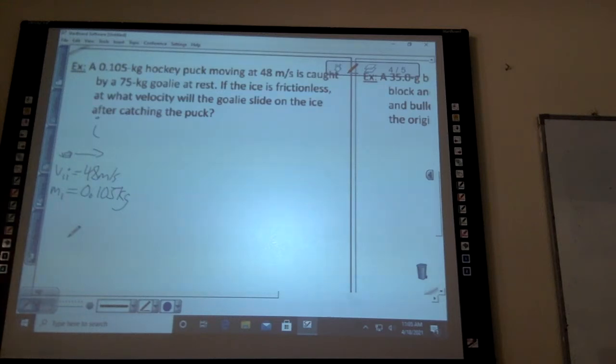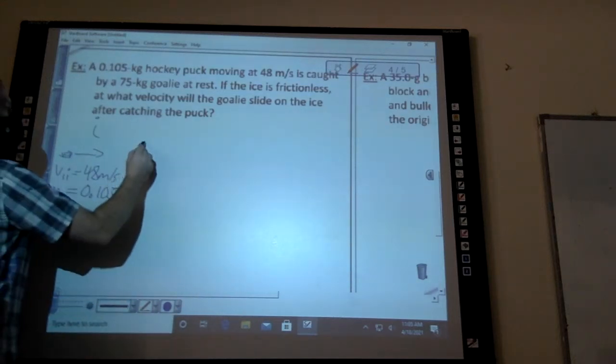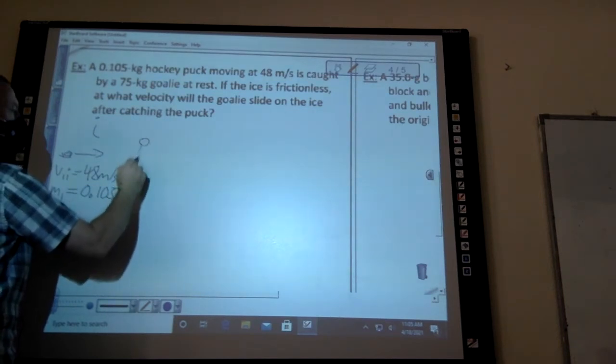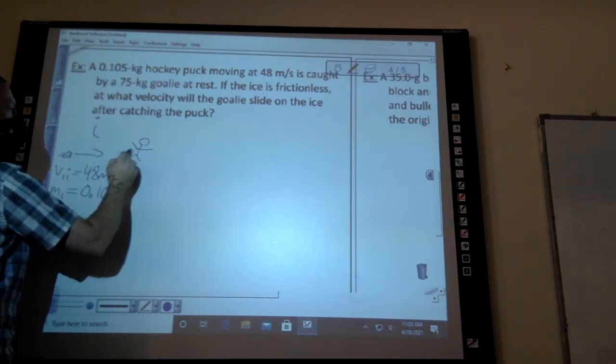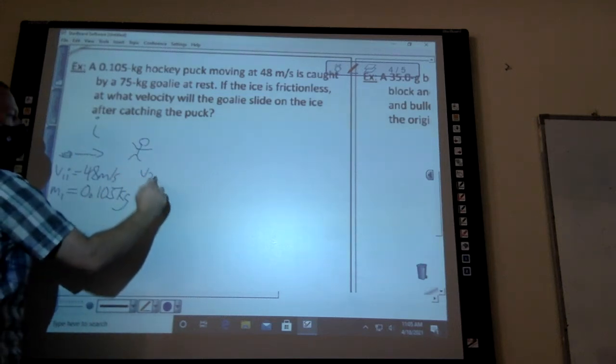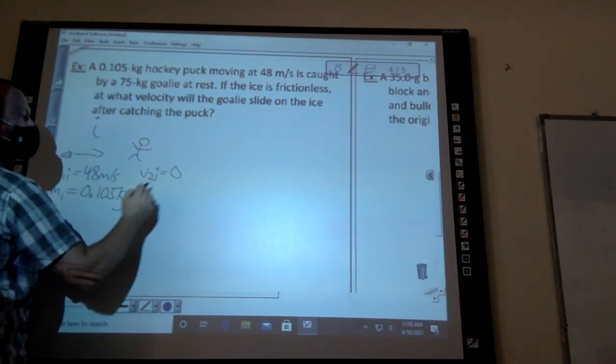So here's the puck. It's going towards our goalie. Here's the goalie standing in the net. Yes, I know I'm doing great at drawing. And then this is V2 initial is 0. We're at rest.